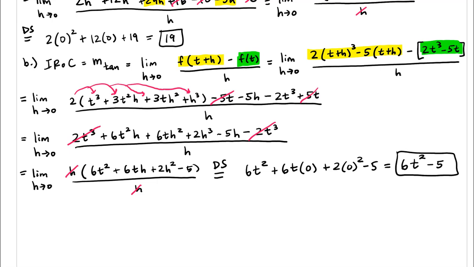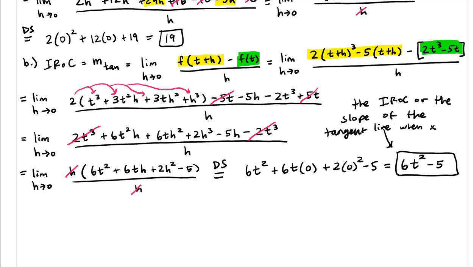So once again, this is a function of t, and this tells us the instantaneous rate of change or the slope of the tangent line when x equals t. And what's nice is I could really replace t with any value.